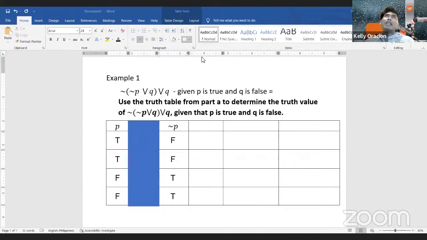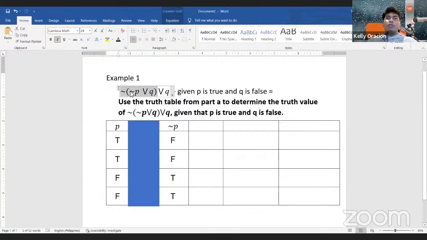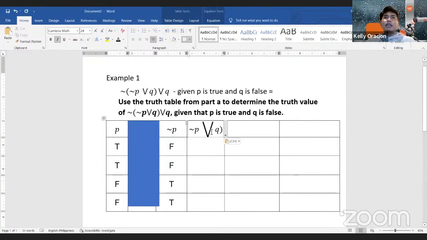So, kailangan natin i-solve muna yung grouping variable. And as you can see, the grouping variable here is ito. This is the grouping variable. It's the negation of P.